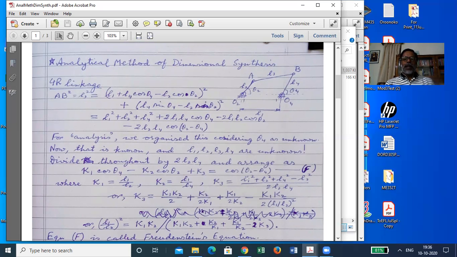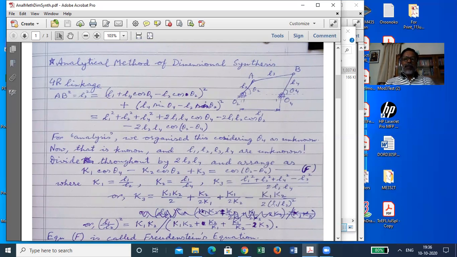So if you call L1 by L2 as K1 and L1 by L4 as K2, then in terms of K1 and K2 and whatever else comes as ratio, you can organize it like this: K1 K2 by 2 plus K2 by 2 K1 plus K1 by 2 K2 minus K1 K2 by this.